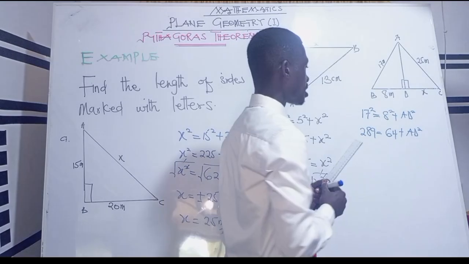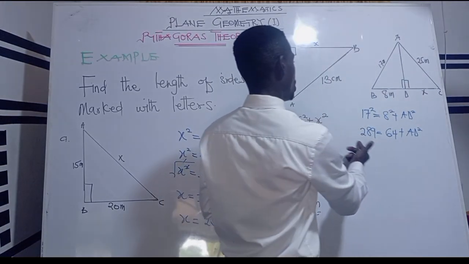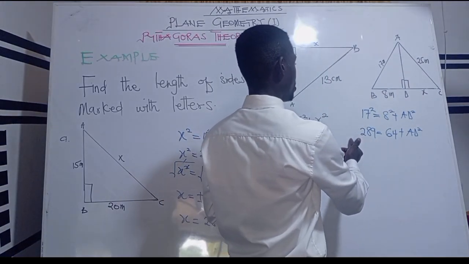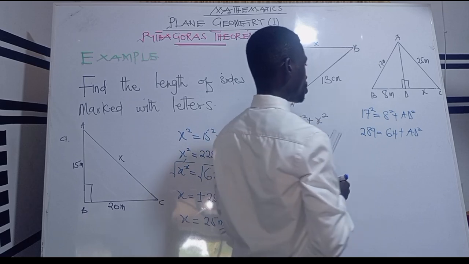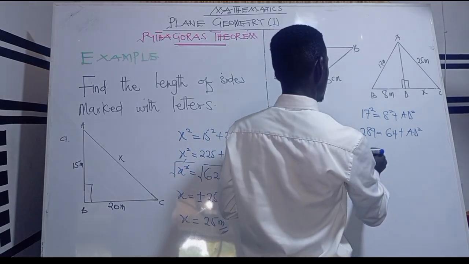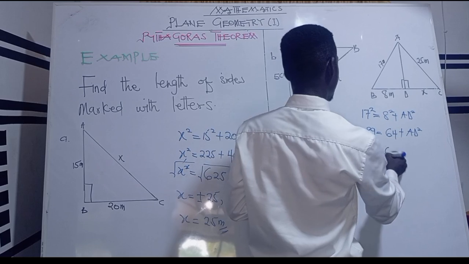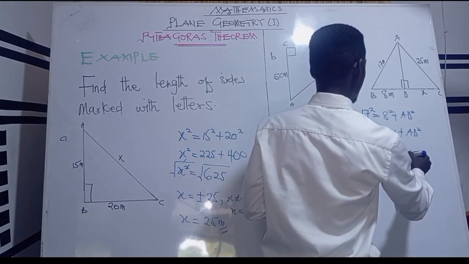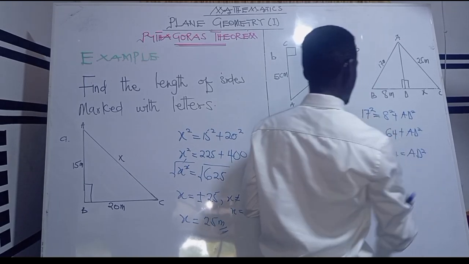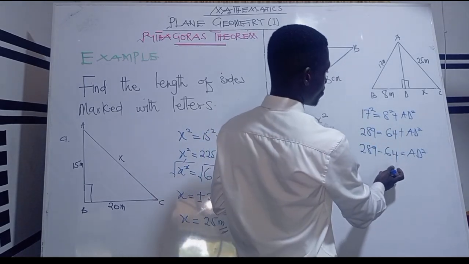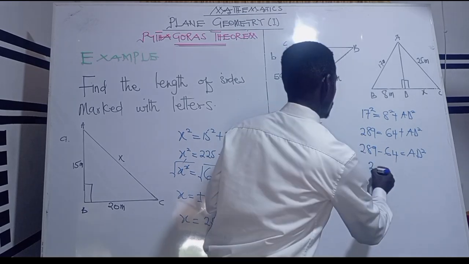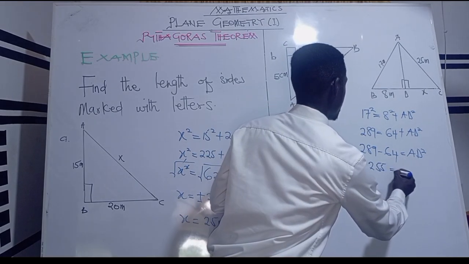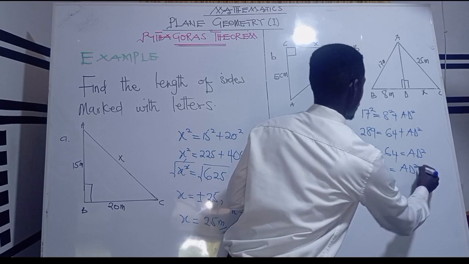Now what we are going to do is transpose the 64 to the other side of the equation. So we are going to get 289 minus 64 is equal to AD squared. Now 289 minus 64, we are going to get 225 is equal to AD squared.